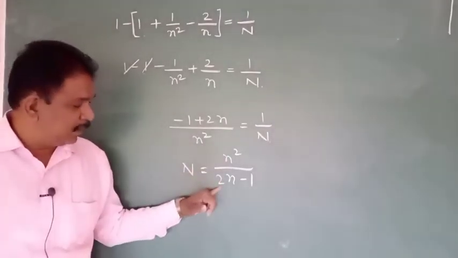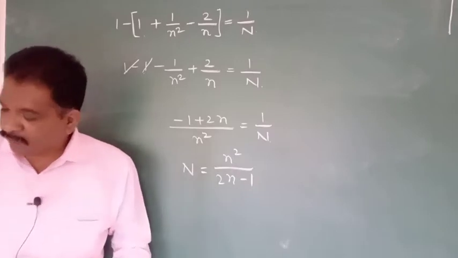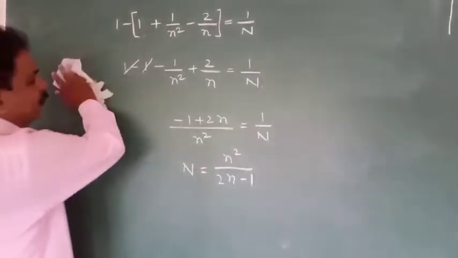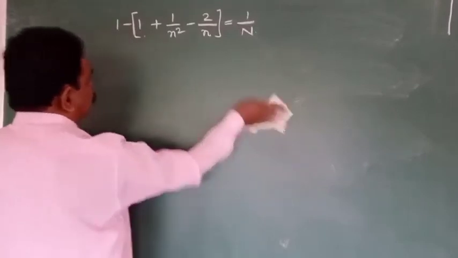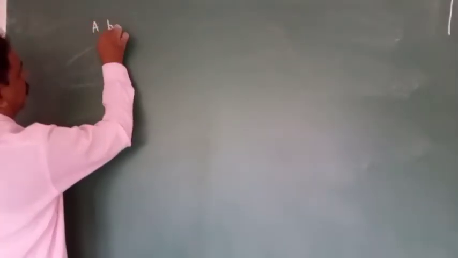N square by 2n minus 1. For example, one problem is like this.